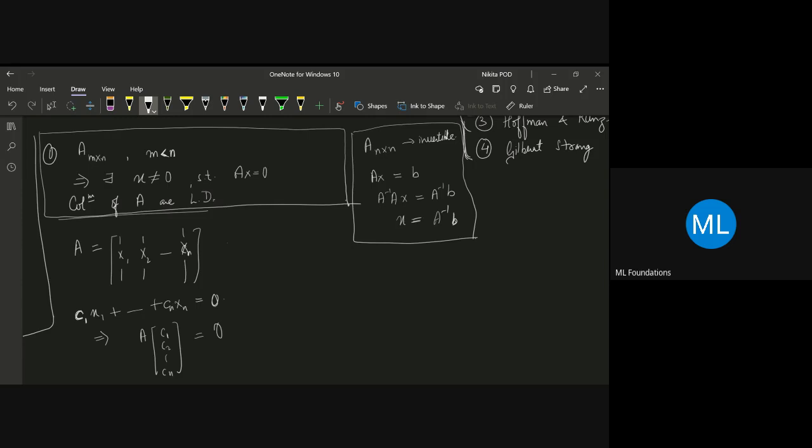Row rank is also the number of linearly independent rows of A, so that will also be n. Using this, you can conclude that the rows will be independent too. So both the columns and the rows will be independent.